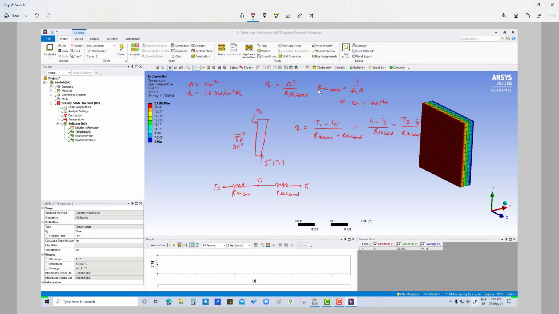This equation we cannot use because we do not have this surface temperature.